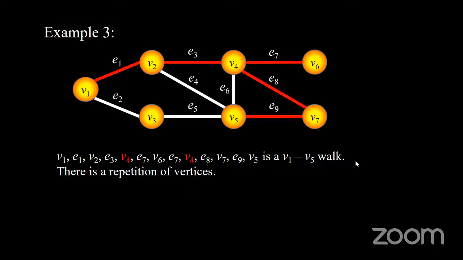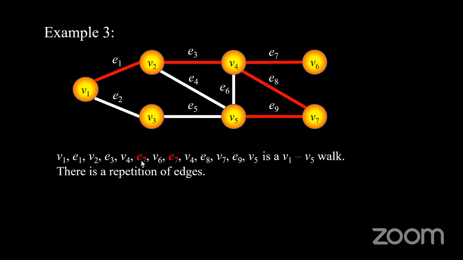This walk, you have V4 repeated. So that is not a path, because V4 is repeated.